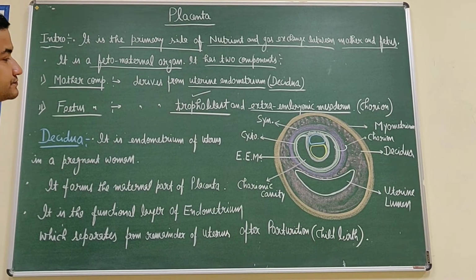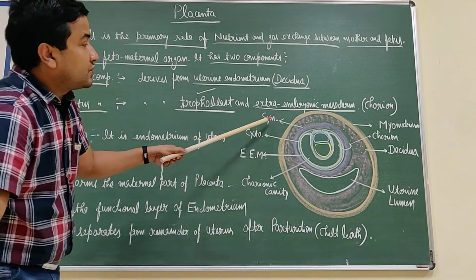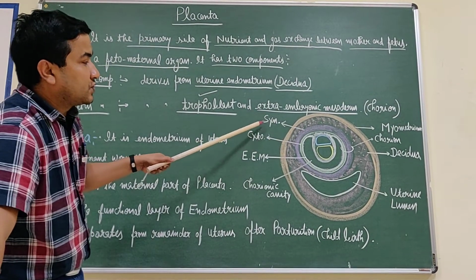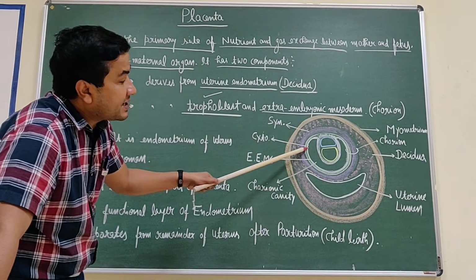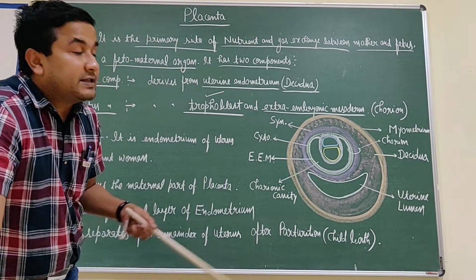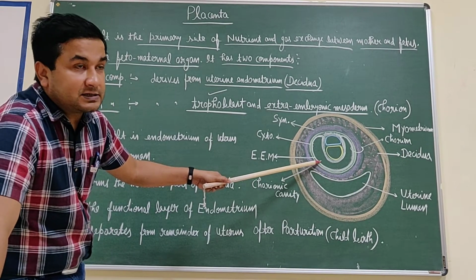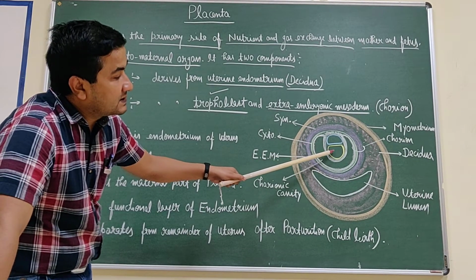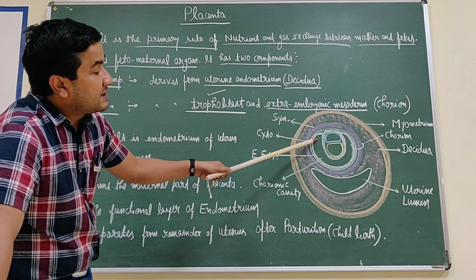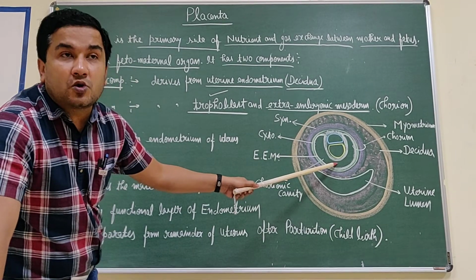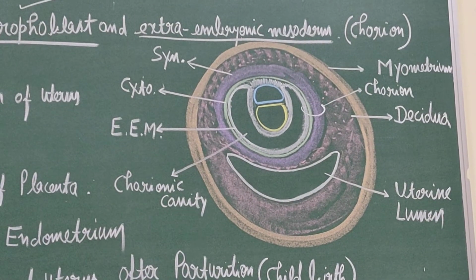If you remember, the trophoblast has two layers, syncytiotrophoblast and cytotrophoblast, along with the underlying extra embryonic mesoderm, that is the somatopleuric layer. The layer which lines the yolk sac is the splanchnopleuric layer, and between these is a cavity, the chorionic cavity. This we have already discussed in the previous class.